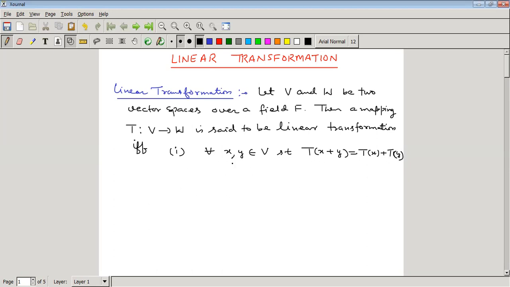You can take any x and y in vector space V, in domain V, then T of x plus y is equal to Tx plus Ty. Second, for any scalar alpha in the field and for any x in V, T of alpha x is equal to alpha times T of x.